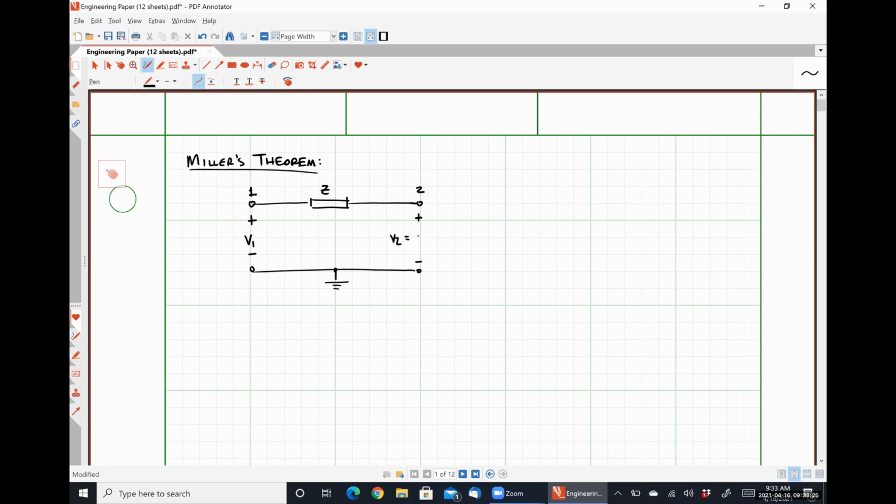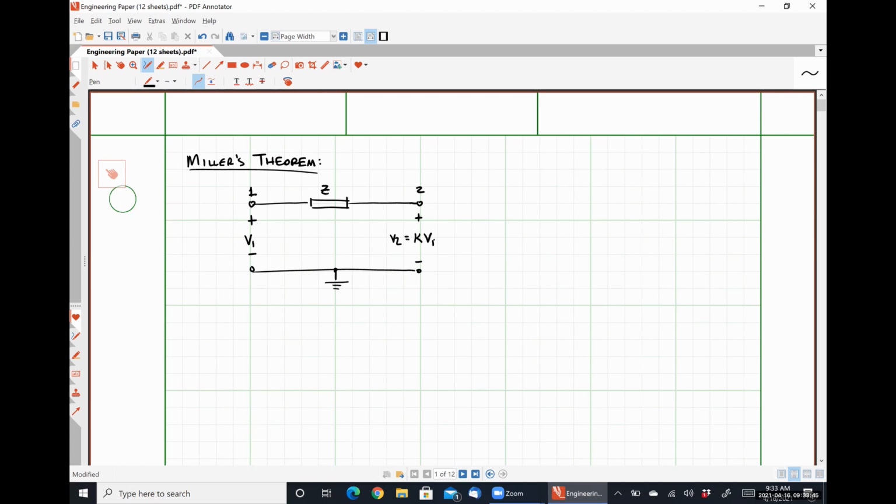I need to put one constraint on my voltage V2. And that constraint is that the voltage at node 2 is a scaled version of the voltage at node 1, okay? So if we know some fixed relationship between the voltage at node 1 and the voltage at node 2, we can apply this.